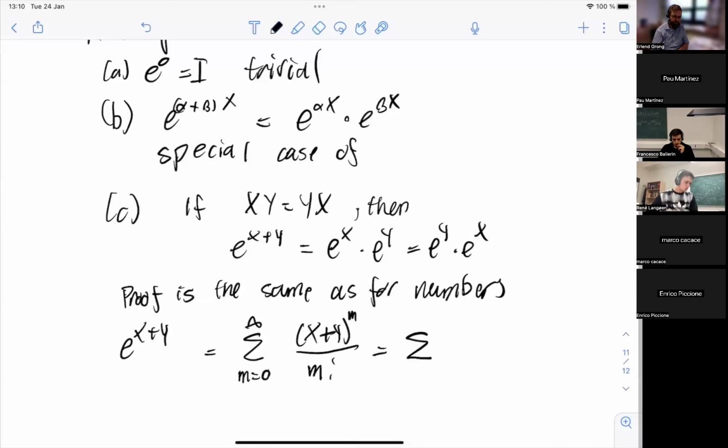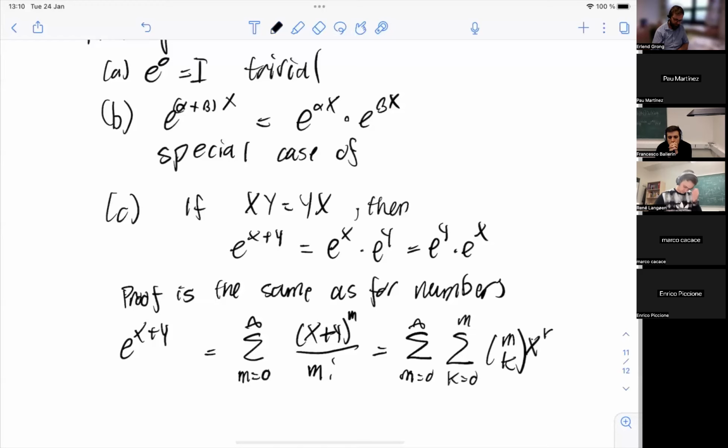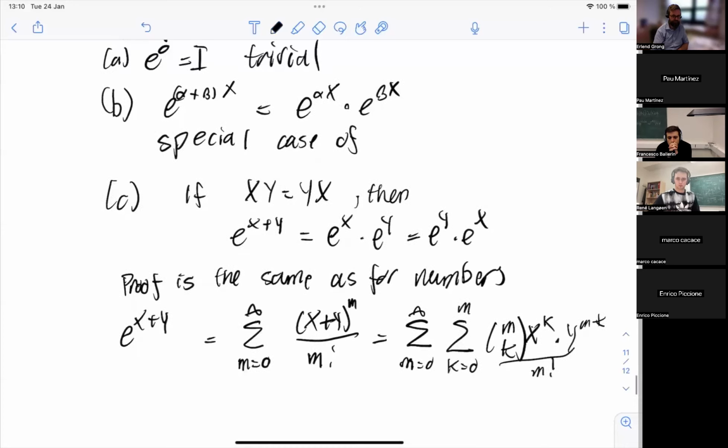Okay, if we now compute this in more detail and expand it, this will be the sum from k equal to 0 to m of (m choose k) x^k y^(m-k) divided by m factorial.